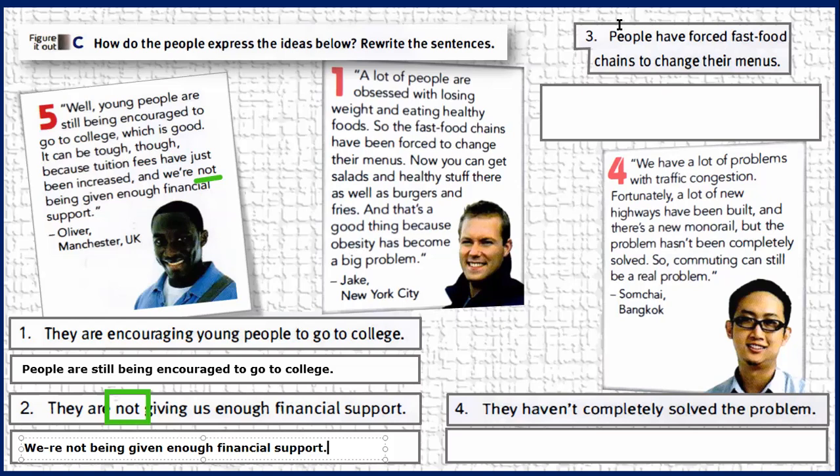Arthur. Please, number 3. People have forced fast food chains to change their menus. And how does Jake say that? How does Jake say it? Arthur?